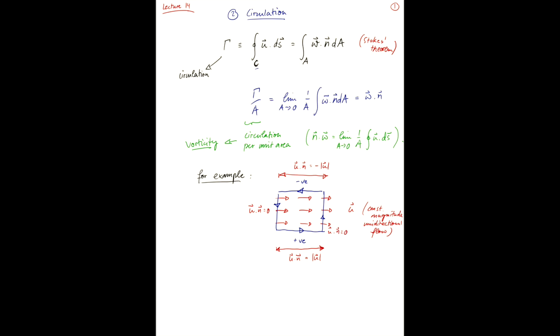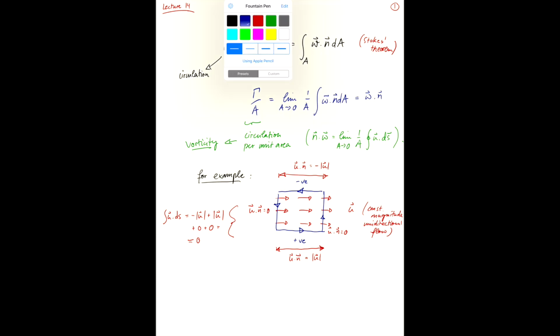So as a result, the integral u dot ds is minus u plus 0 plus 0 for the four sides, which is 0. So there's no circulation in this flow.